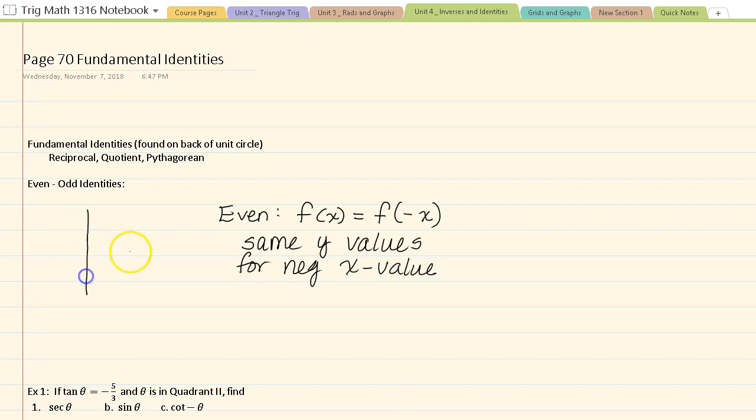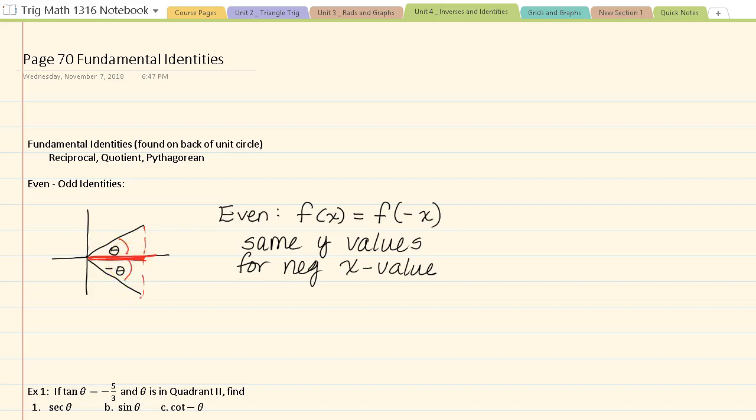Graphically, it would mean that we would have something like our positive theta and a negative theta, and we would get the same value when we're done. In this case, we would get the same cosine. So this value would still be the same right here, whether we plugged in a positive theta or a negative theta.